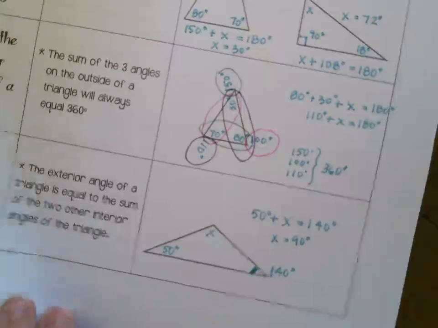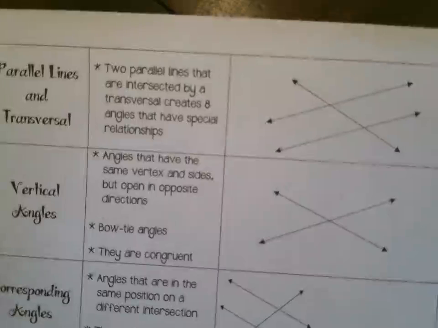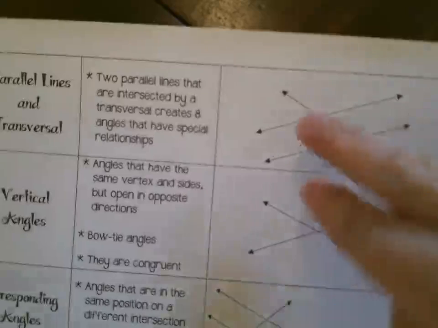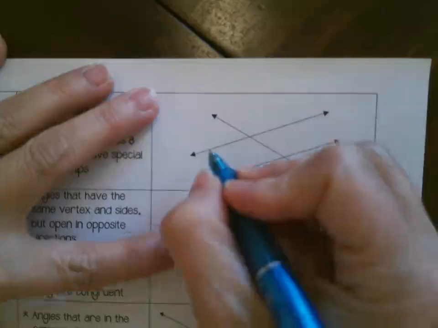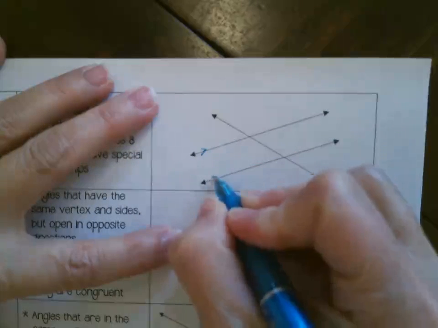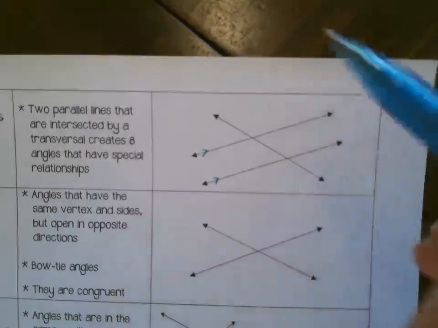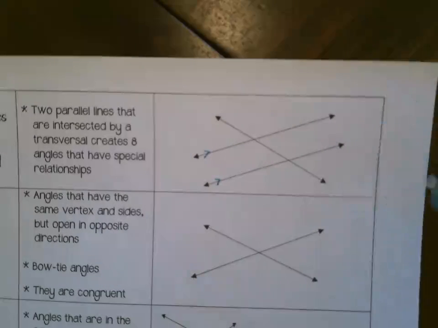All right, good work. Okay, last thing, this last page has to do with parallel lines and a transversal. What happens here is that we have two lines that are parallel, and the symbol for parallel is when we do a little arrowhead like that. So these two lines are parallel, and a third line comes by and crosses them.